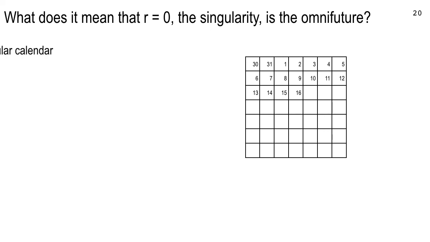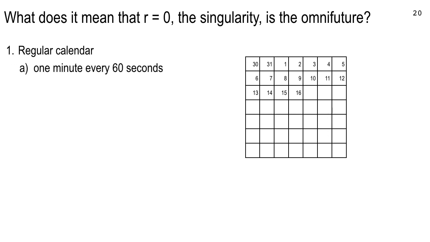What does that mean? Well, think about a regular calendar. Go ahead and make a little sketch of a calendar. And here's what we know about regular calendars. You go 1 minute every 60 seconds. That's the normal speed that we move across time. And 1 day every 24 hours.